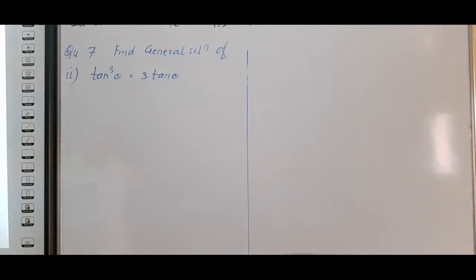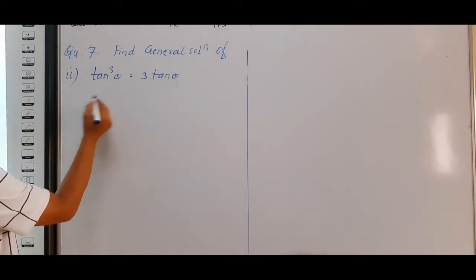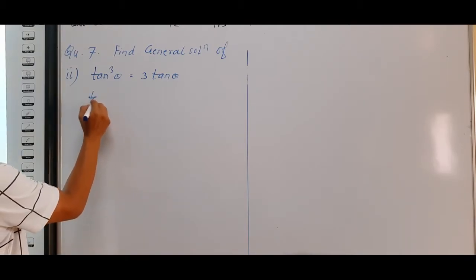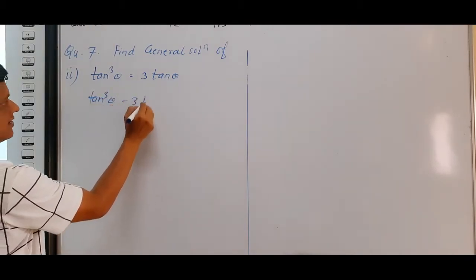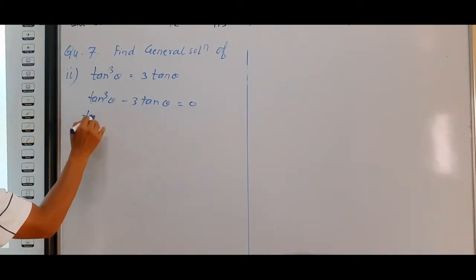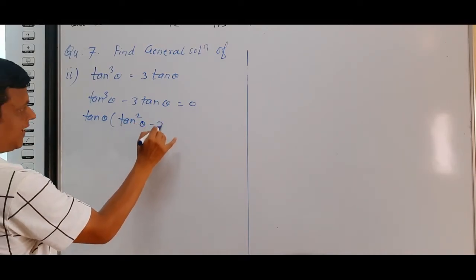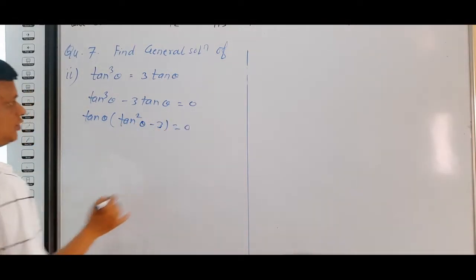Now see the second example. In this we have to find the general solution of tan cube theta equals 3 tan theta. So we take tan theta common, tan cube theta minus 3 tan theta equals 0. After taking tan theta common, we get tan square theta minus 3 equals 0.